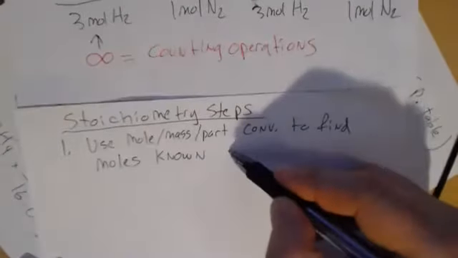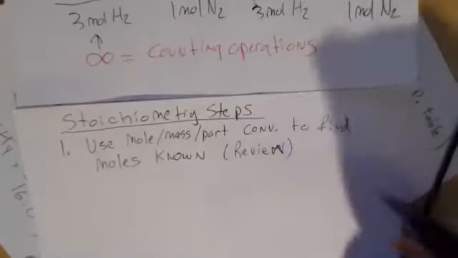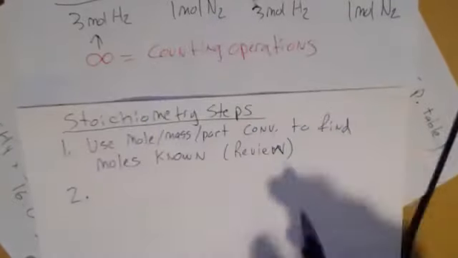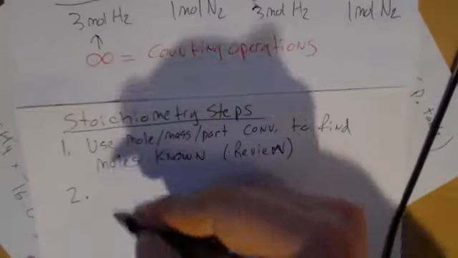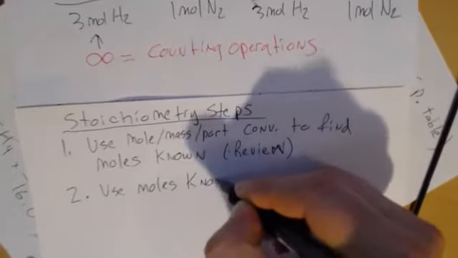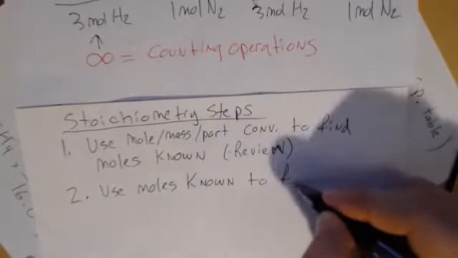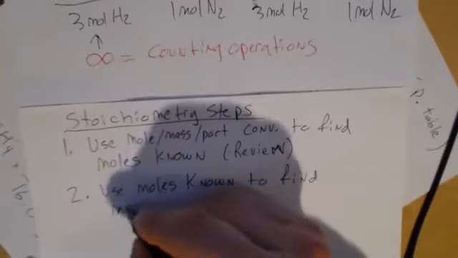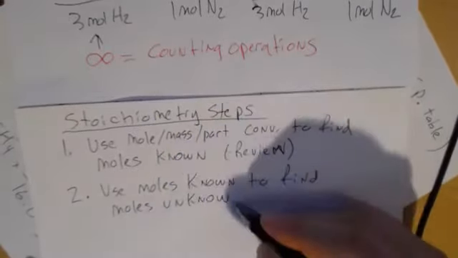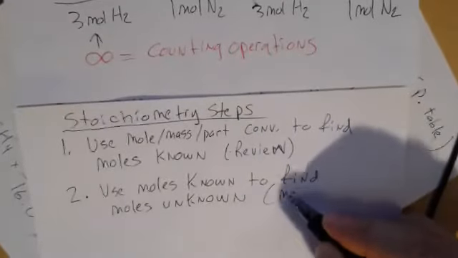And this is technically review. And step 2, once we found moles of the known, use moles of the known to find moles of the unknown. And this is using the new thing, the mole ratio.